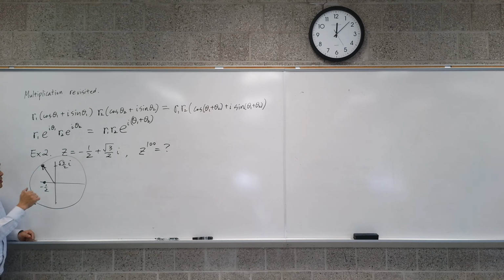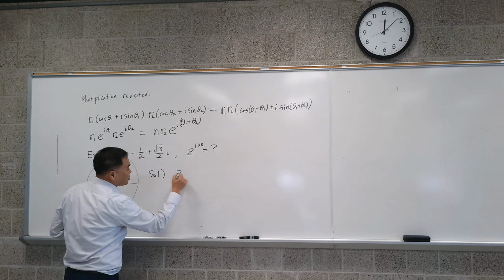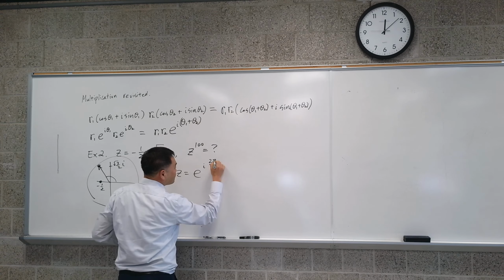So can you tell me what this angle is? 120 degrees, or 2 pi over 3. So the solution would be that z is equal to e to the i times 2 pi over 3.